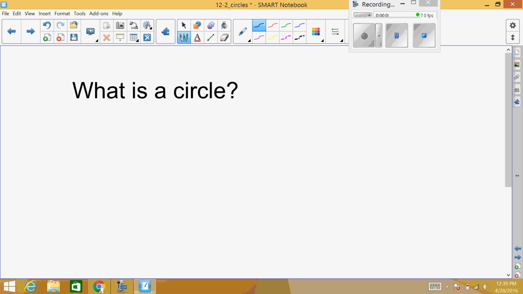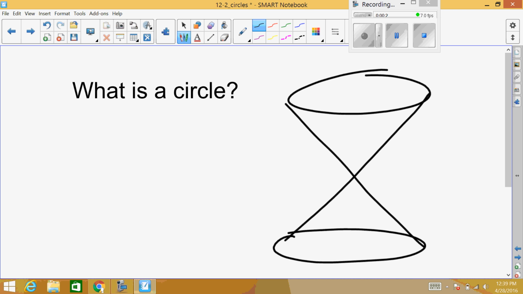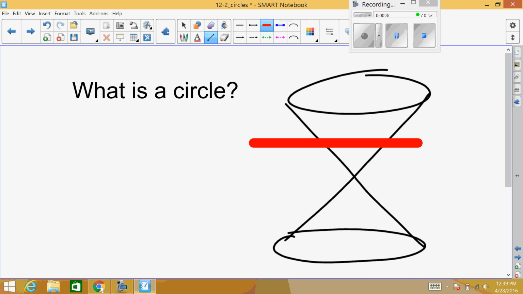So we're going to try to come up with a quality video here that talks about a circle. First of all, we want to see how circles fit into our conics. So let's go with our nice cone over here. The other day we talked about how conic sections are developed from the intersection of a plane with our cone.